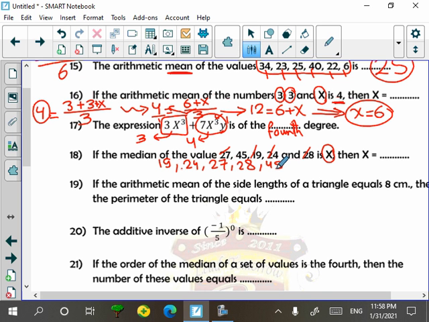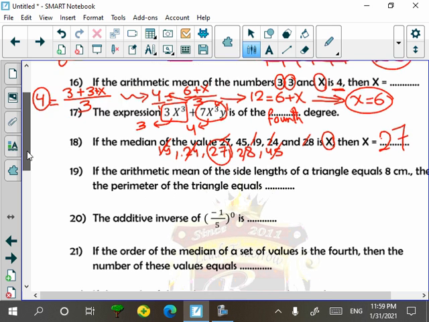Then our order is 19, 24, 27, 28, 45. By cancelling from the right and the left, 19 with 45 and 24 with 28, the median will be equal 27.